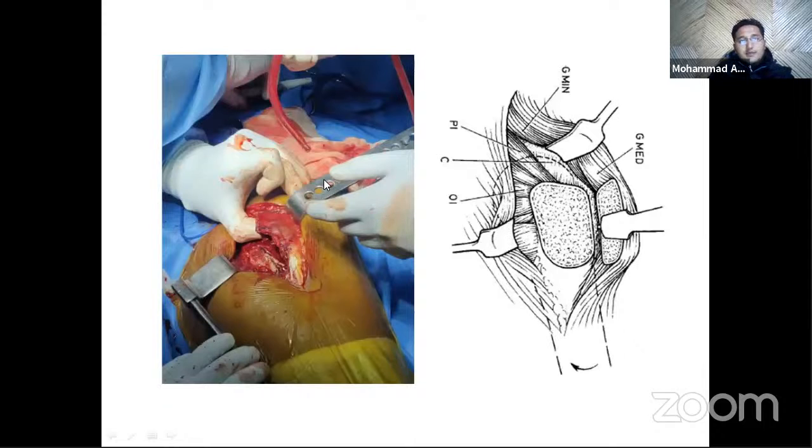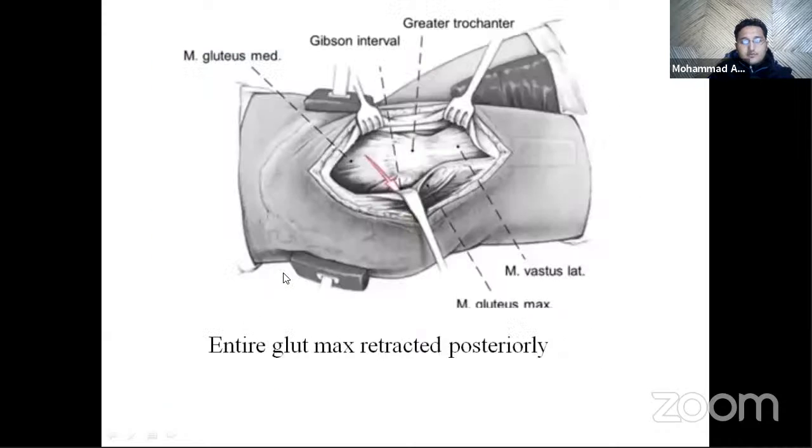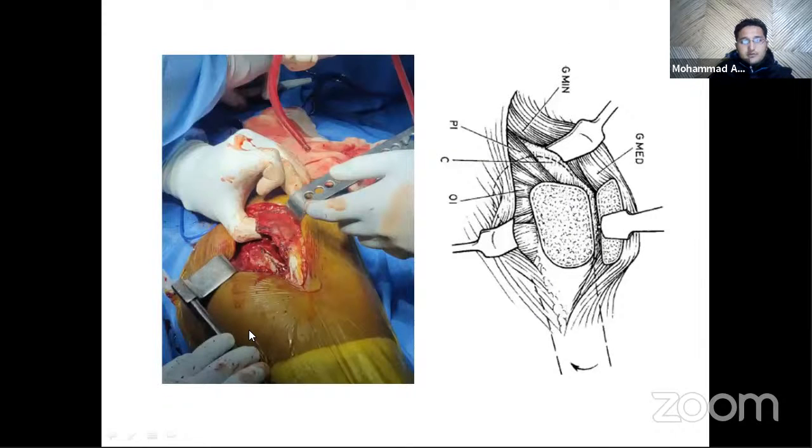So the young gentleman that I showed the X-rays initially, we did this trochanteric flip osteotomy here. The posterior muscles were torn. The trochanteric osteotomy starts from the tip of the greater trochanter and extends along the greater trochanter posteriorly to the ridge of the vastus lateralis.